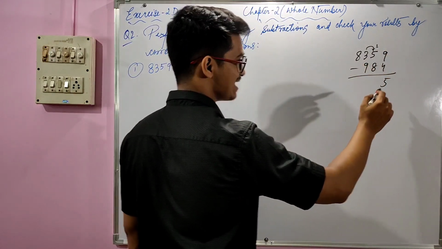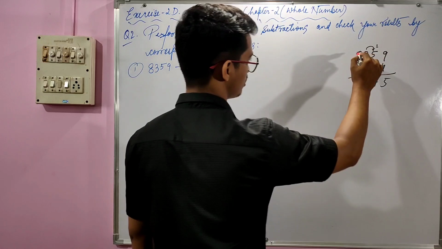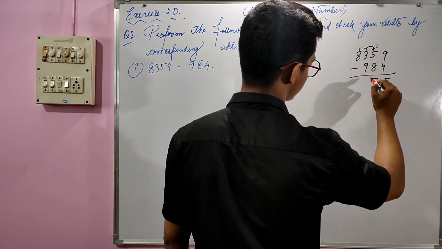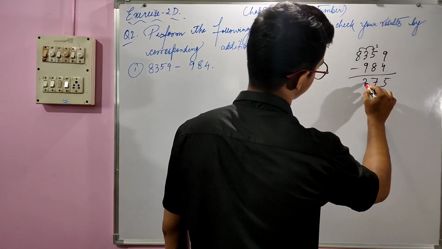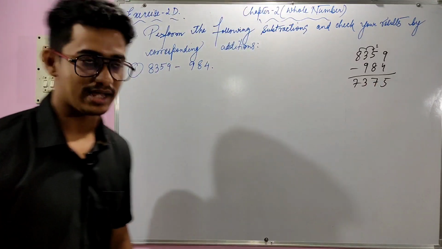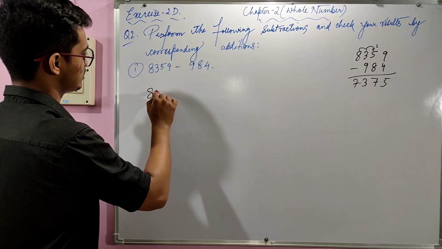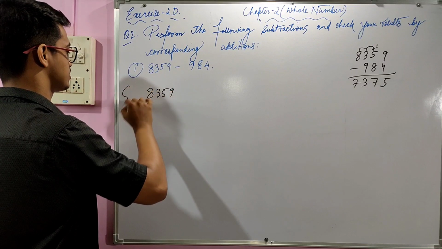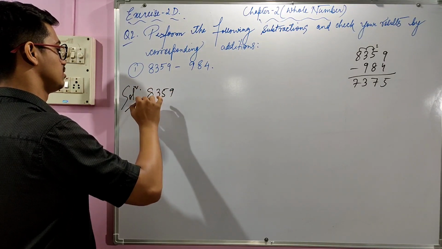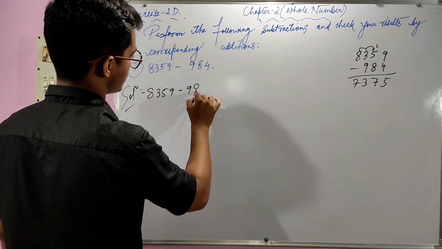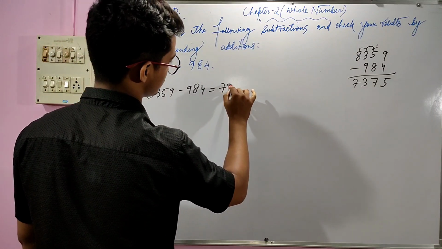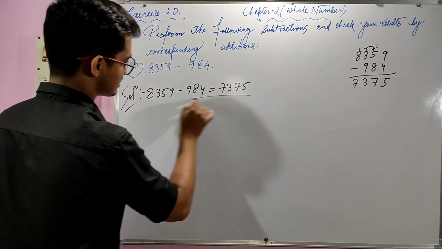So 15 minus 8 is 7, right? So 2 here, 1 carry again. So 12 minus 9 is 3. So 7375 is the net answer. So 8359 minus 984 equals how much? 7375. So that is the answer.